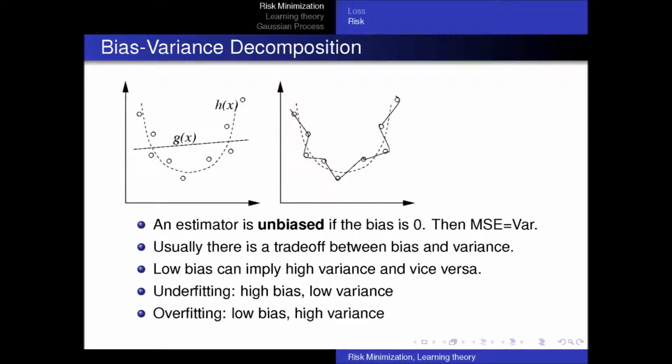I have a question. Does all this decomposition of bias and variance only work when you assume there's a latent distribution that generates your data, and sometimes you don't know this distribution?